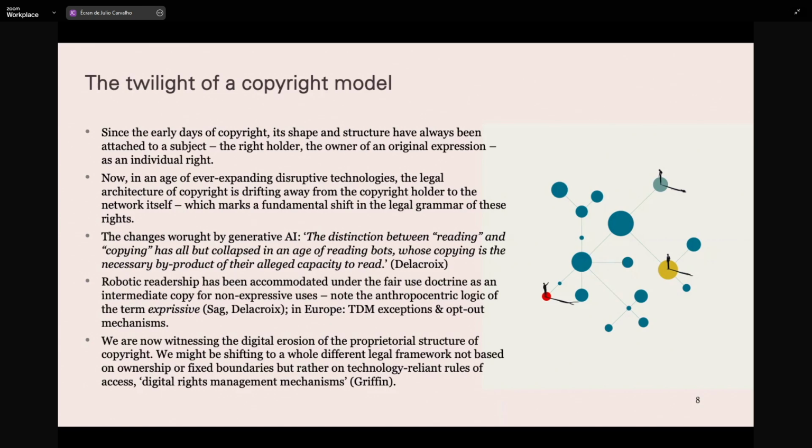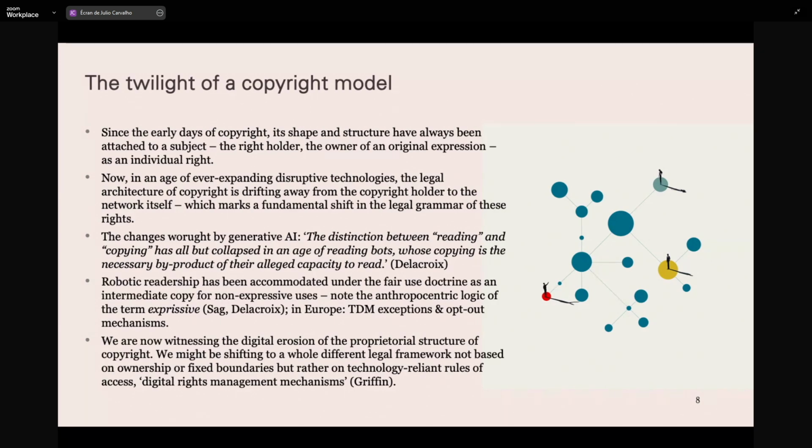And in Europe, there are also debates about TDM exceptions and opt-out mechanisms. We can also delve into that afterwards.